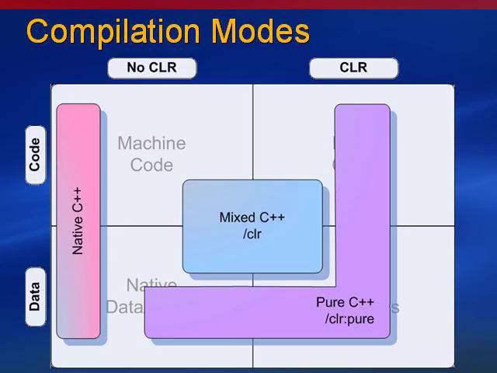We've also added CLR Pure. Now this is useful for those portions of your application that you can get to compile pure. So if you've just got some simple functionality, maybe you're doing DLL exports that you could turn off for particular pieces, you can recompile to CLR Pure, which will eliminate all native code from the image, make the image CLI compliant, and it opens up the door for a lot of tools-based scenarios.